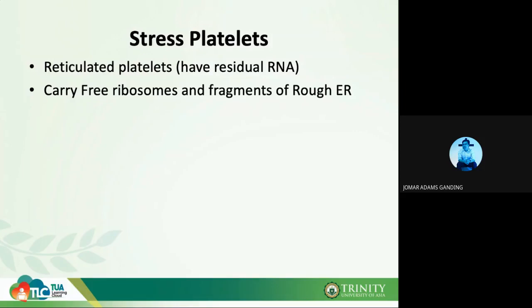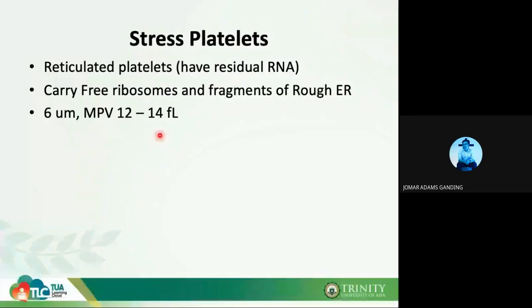These stress platelets are considerably bigger compared to normal platelets, because your normal platelets would just average 2.5 micrometer, and your stress platelets would average 6 micrometer. That is the normal.